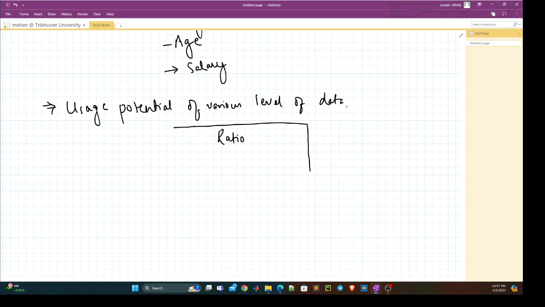Ratio has the most usage potential, and second will be interval, and the third one will be ordinal, and the last one will be nominal.